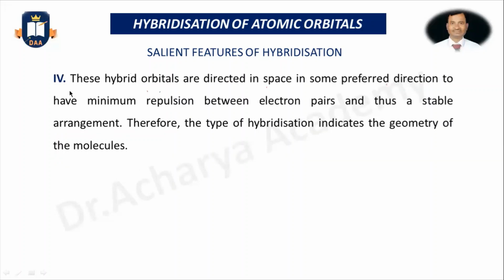Number 4, these hybrid orbitals are directed in space, that means spatial in nature, in some preferred direction to have minimum repulsion between electron pairs and thus a stable arrangement. Therefore, the type of hybridization indicates the geometry of the molecules.